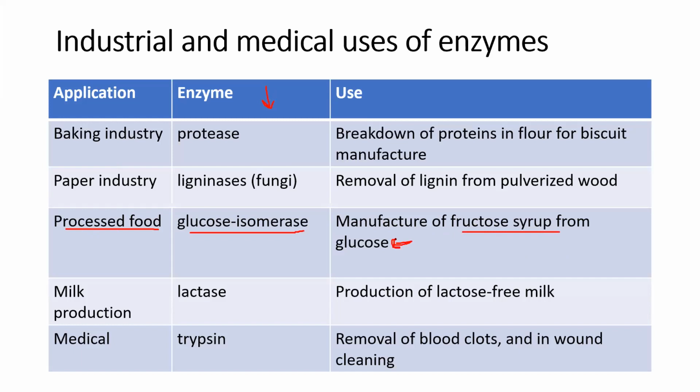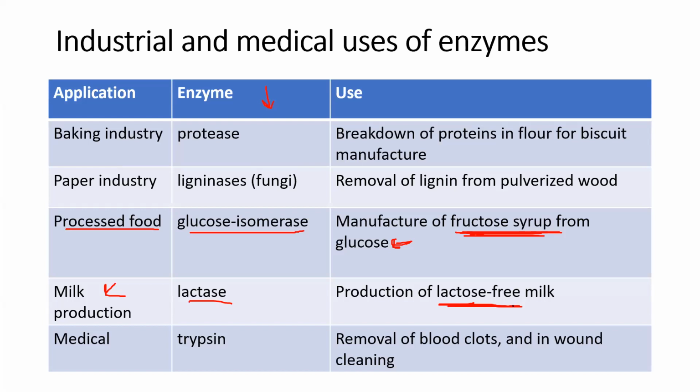Kalau tengok air tin yang awak minum tu kan, air tin tu semua, dia dimaniskan oleh fructose syrup, okay. And then the next one is lactase, okay, in the milk production. So production of lactose-free milk, okay. So there are people that are lactose intolerant. Maksudnya bila dia makan, dia akan produce reaction, okay, allergic reaction dekat situ.